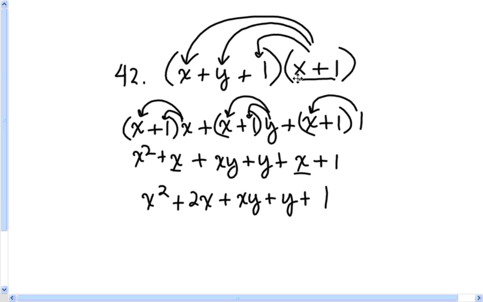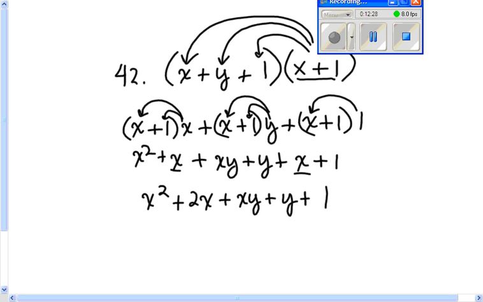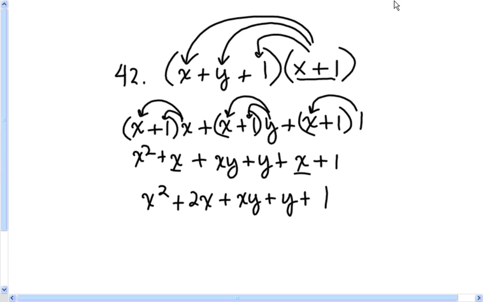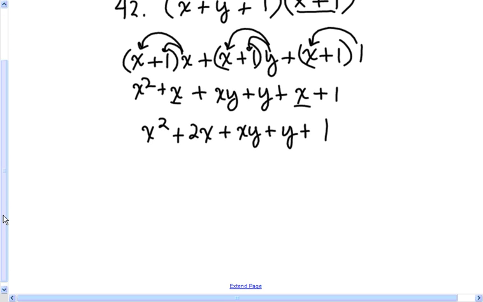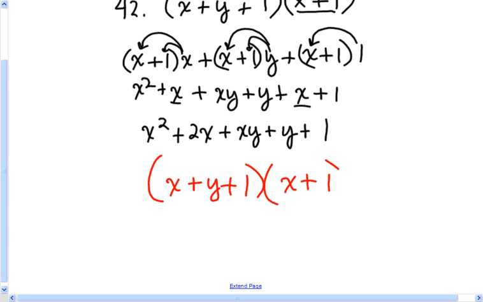That problem could also be done, we could have distributed it another way, and I'll just show you that here. What if we would have taken our original expression, x plus y plus 1, and instead of distributing this 3 times, how about if we distribute this twice, multiplying it by x the first time, and then multiplying it by 1 the second time?